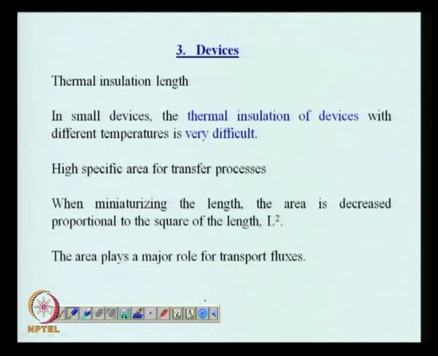We know that, for example, in a micro heat pipe, one of the major problems is the presence of parasitic heat fluxes in the system, because if you have a channel made, and let us say the channel is made of silicon, we not only have flow of liquid from the cold side to the hot side, and then the evaporation is going to take place, which is going to extract heat, and then the vapor is going to come back and condense at the hot end, thereby releasing the amount of energy. So, this kind of phase change mechanism is the cause of the high heat transfer rates of these devices.